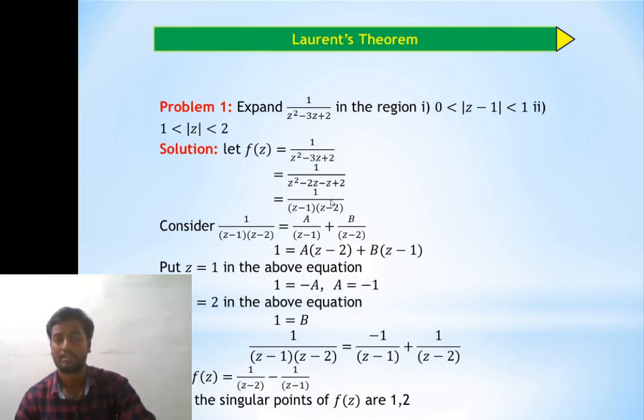This is your function f of z, and it can be split using partial fractions: a by (z minus 1) plus b by (z minus 2). Taking LCM and cancelling, 1 equals this and this. Now put z equal to 2: it is 0, and 2 minus 1 is 1, so b equal to 1. Now put z equal to 1: it is minus a equal to 1, so a equal to minus 1. So this is your f of z.